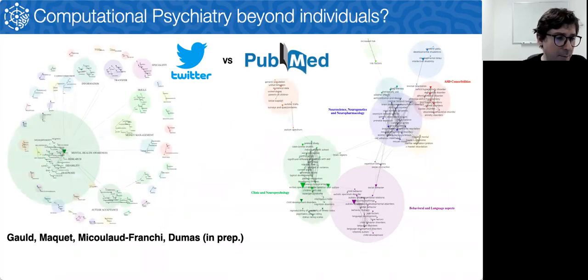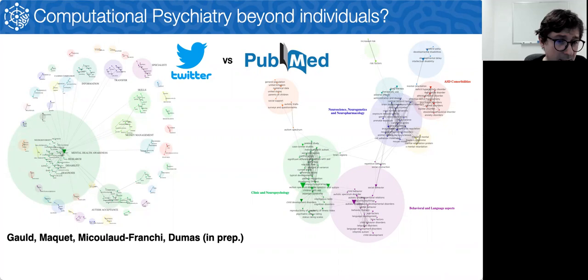And this is another example, still with my colleague Jean-Arthur Micouleau-Franchi, but with Christophe Go as the first author, where we compared the representation of mental health and specifically autism on Twitter and on PubMed to see in parallel what the key topics are for the community of patients and for the researchers.